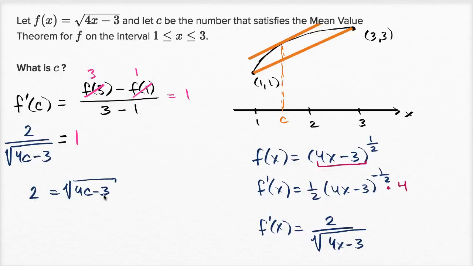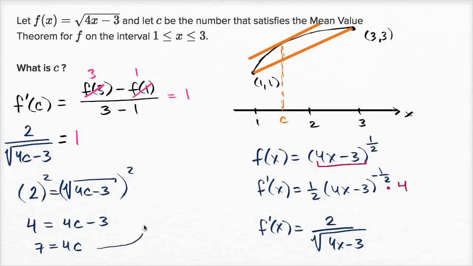And so let's see, now to get rid of the radical, we can square both sides. So we get 4 is equal to 4c minus 3. Add 3 to both sides. 7 is equal to 4c. And then divide both sides by 4. You're going to get c is equal to 7/4.